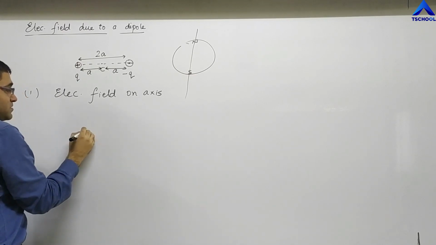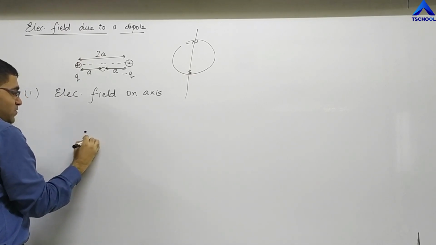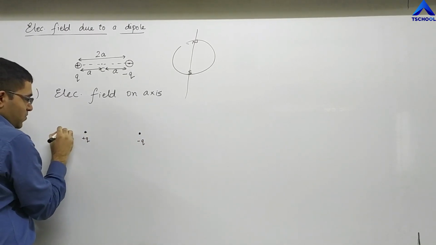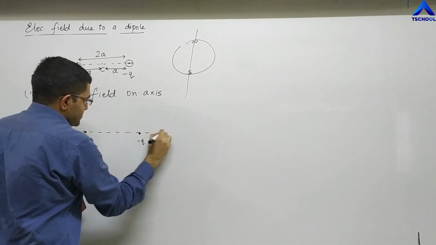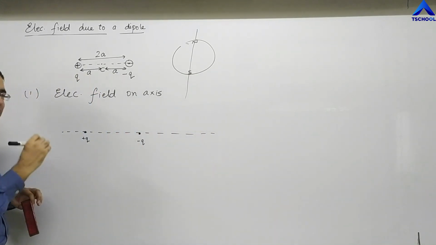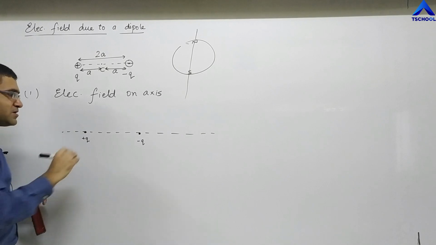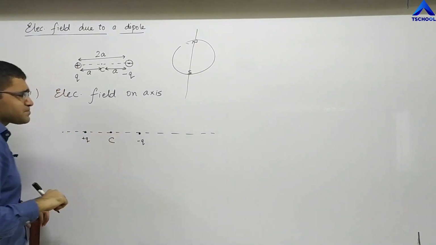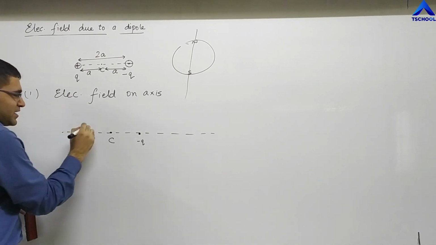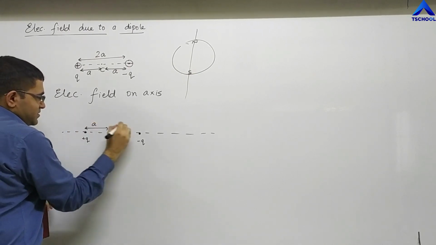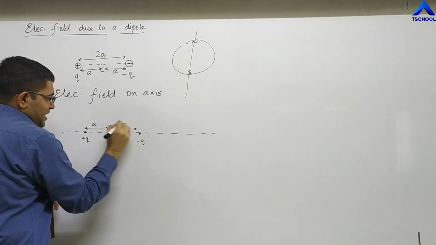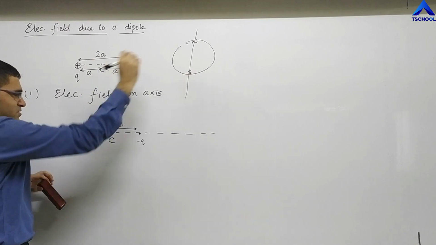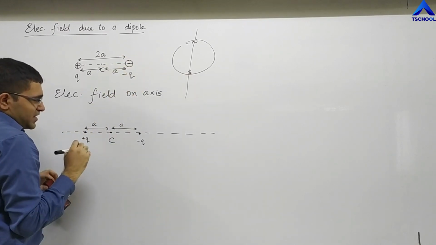So again, if I draw it quickly over here, this is the dipole, and here is the axis of that dipole. Let's say that here's the center C, and as usual, this distance on each side is a, so the total length is 2a. Now, think of the dipole moment direction over here.